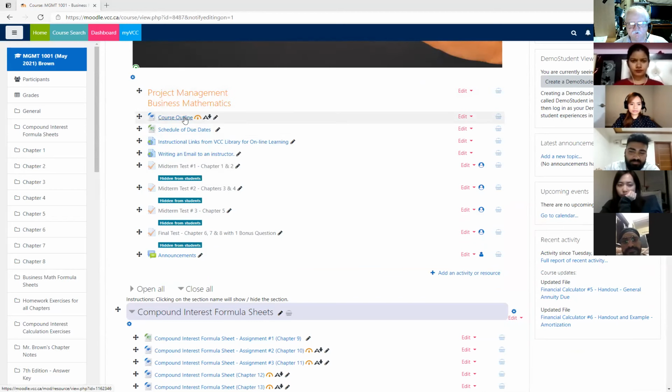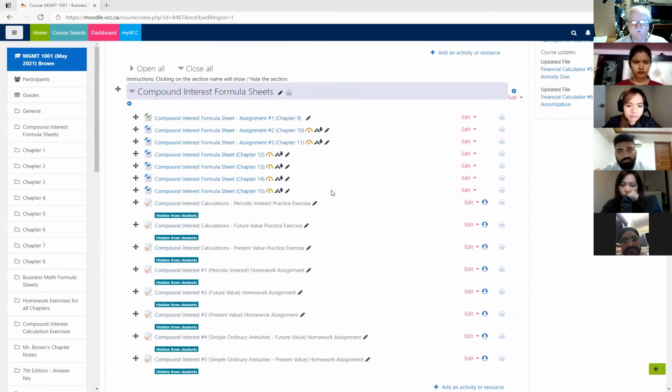So here's the course outline again. The schedule of due dates. On my screen, of course, I can see midterm test number 1, 2, 3, and 4, or final test, but you won't be able to see those yet, but I can see them. Then the next section we have is compound interest formula sheets.